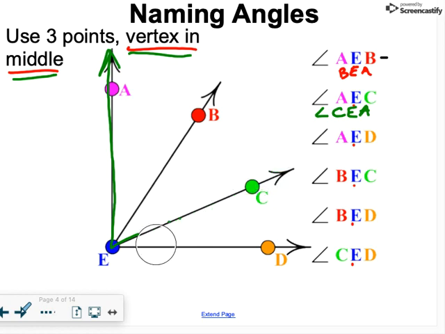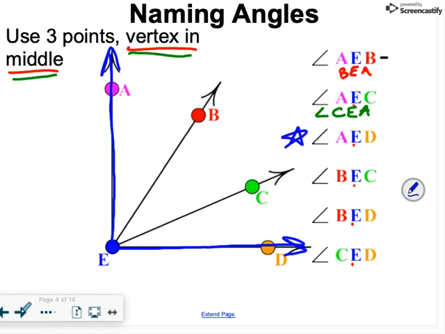So I'll go through one more, and then I think the rest of them we can just talk through. We look here, we have AED, so we go from A to E to D. So now that's this angle right here. And of course, like we said last time, you can switch that to be DEA.